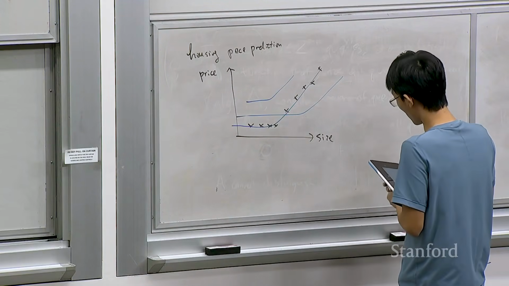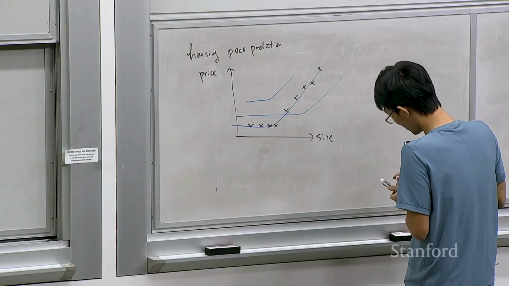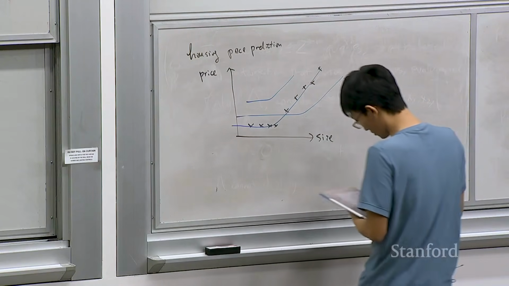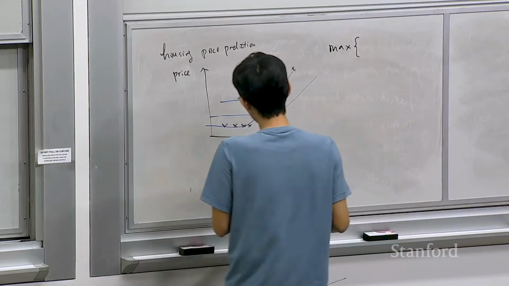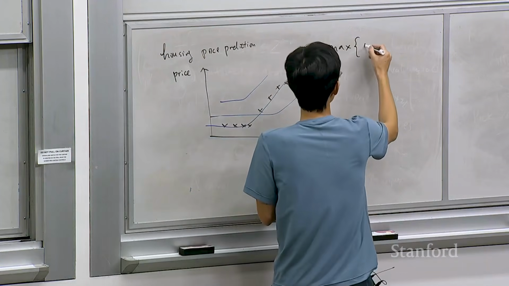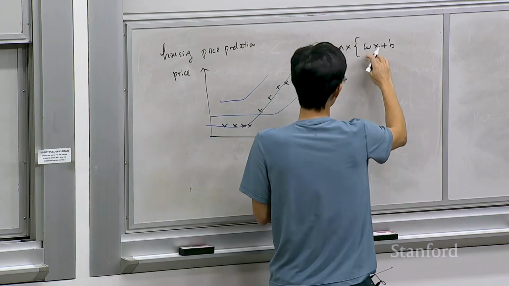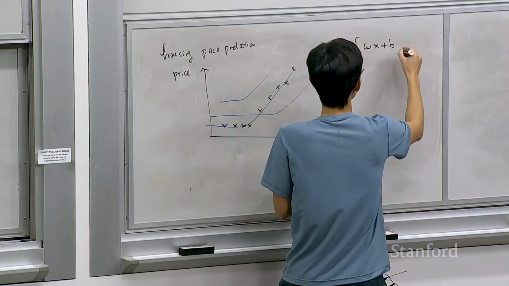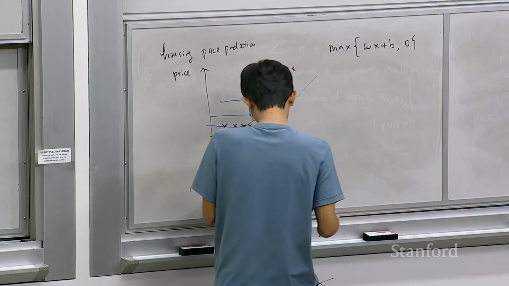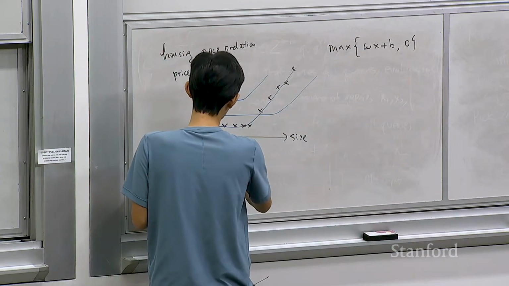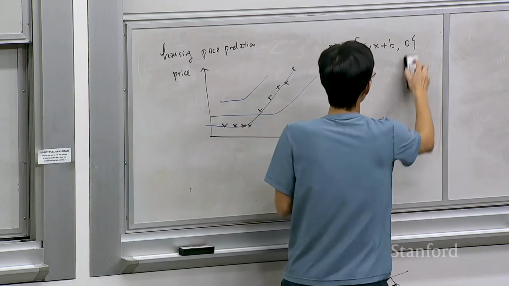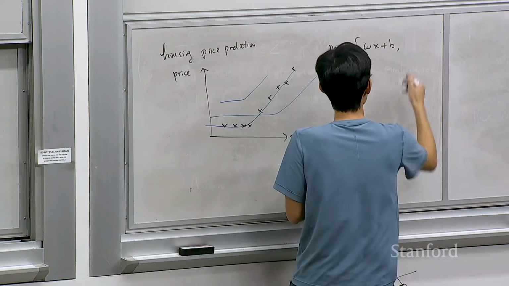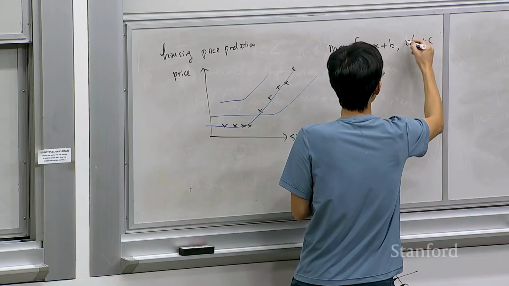This blue function is actually of the form max of wx plus b, which is a linear function, and 0, plus c.